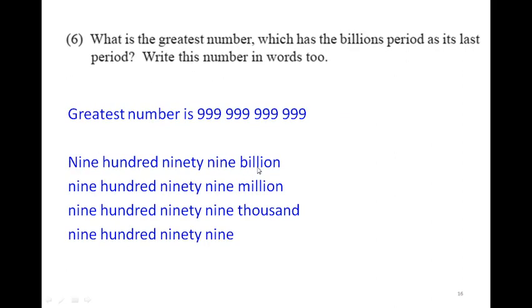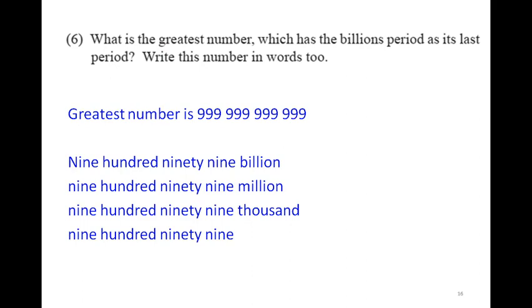The sixth one: what is the greatest number which has the billions period as its last period? We have to write this number in words too. We have to find the greatest number, and it should also have a billions period. Since we have to write the greatest number, we think of the digit 9.